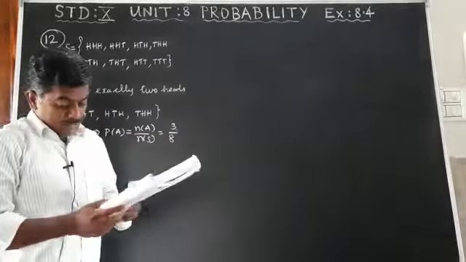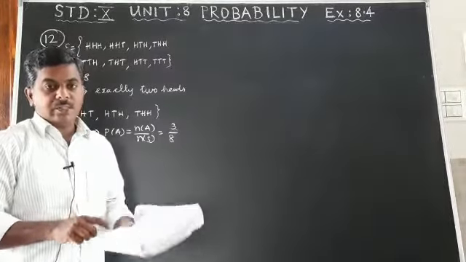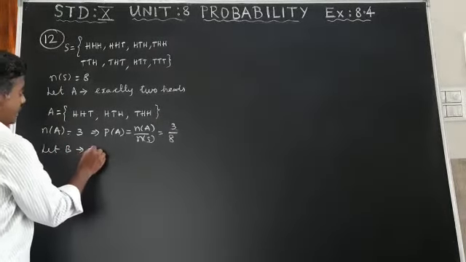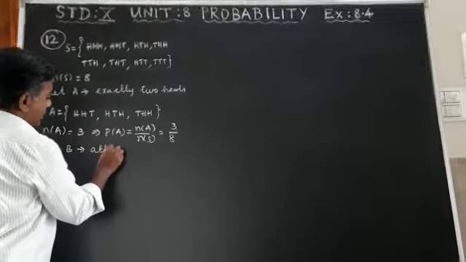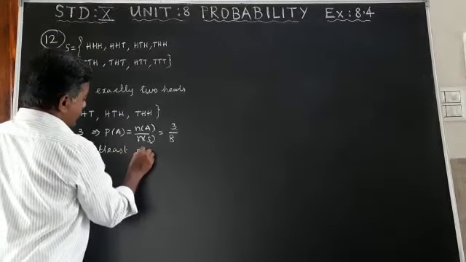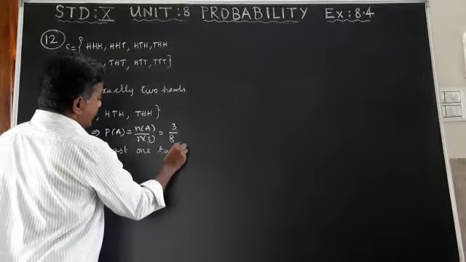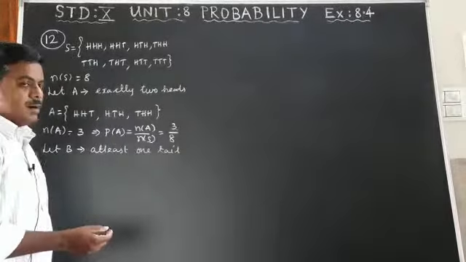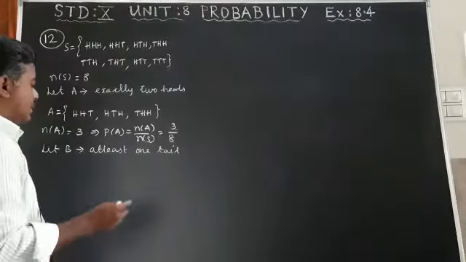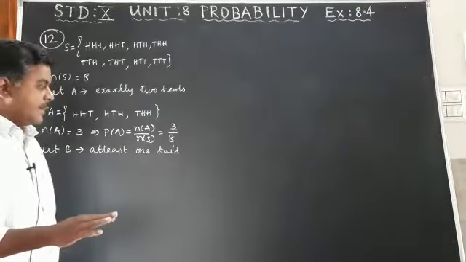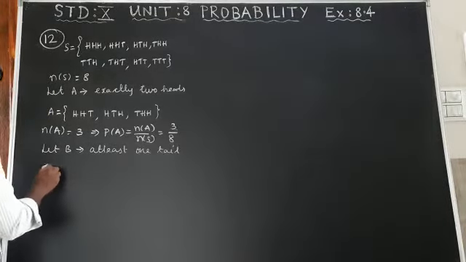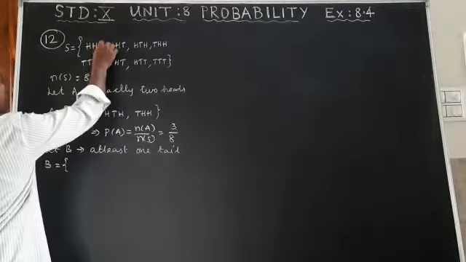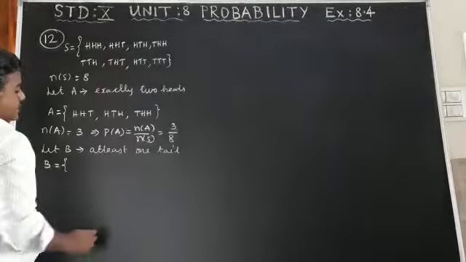Then the second event is at least one tail. Let B be the event of getting at least one tail. The meaning of at least one tail is one tail or more than one tail. So one tail, two tails, three tails. Therefore B is equal to: HHH has no tail, so it is excluded. HHT, HTH, THH have one tail.